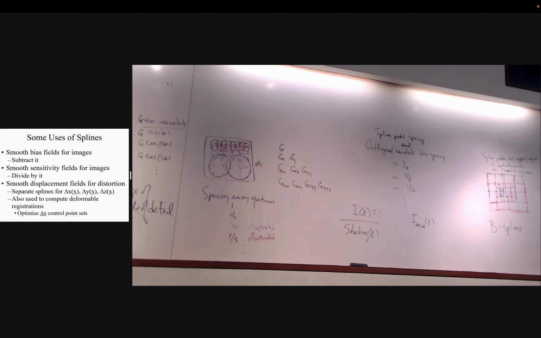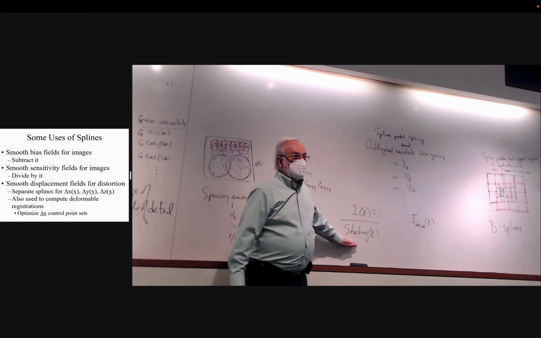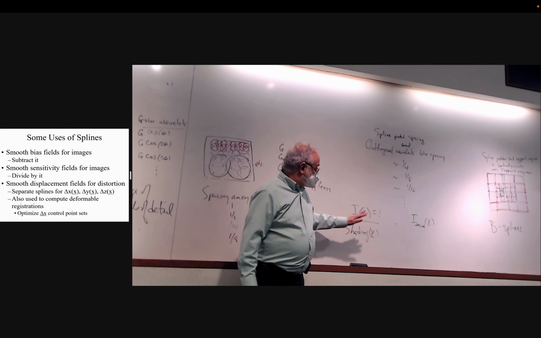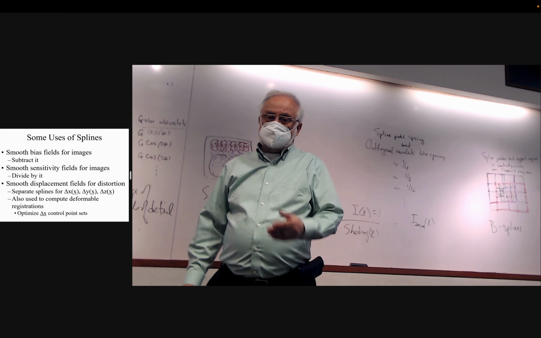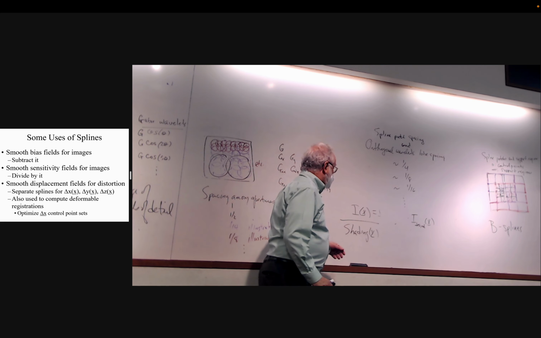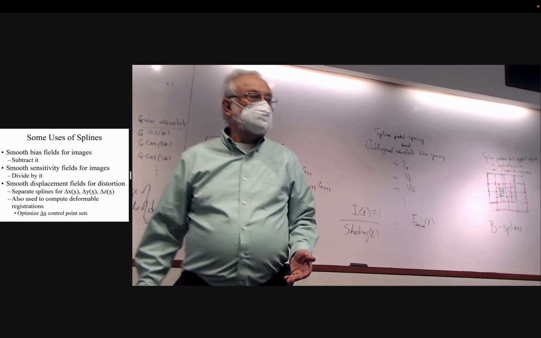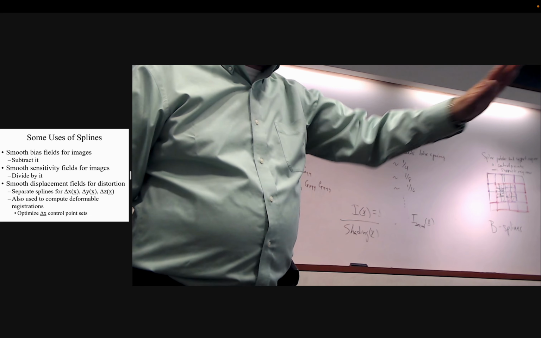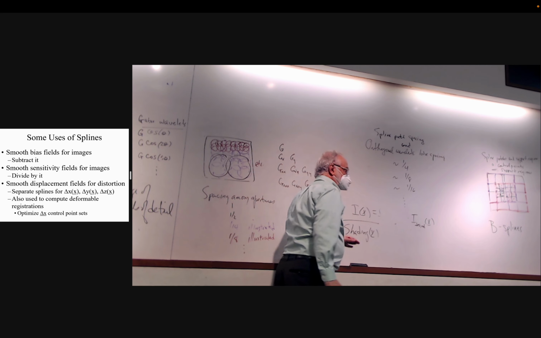And so typically what one does is one takes a large aperture, large level of detail application to the received image and calls that the shading image, and then does this division. Okay? Blur the hell out of the image. You get pretty much the shading. And divide it into this.